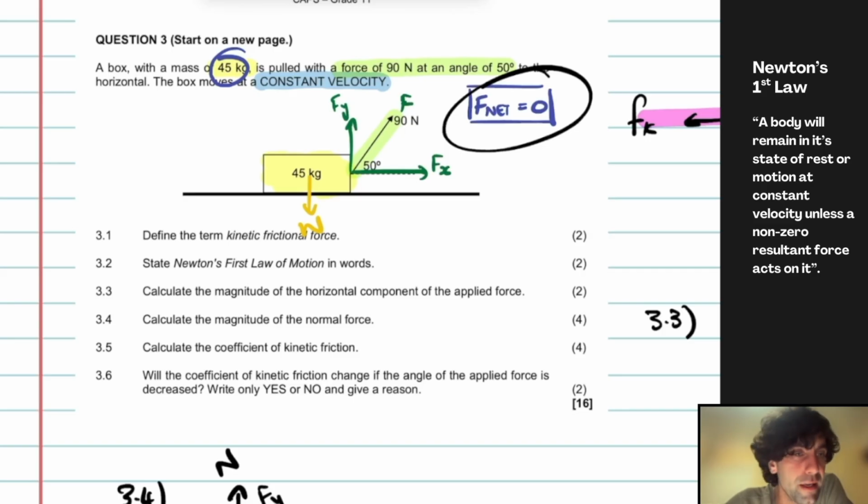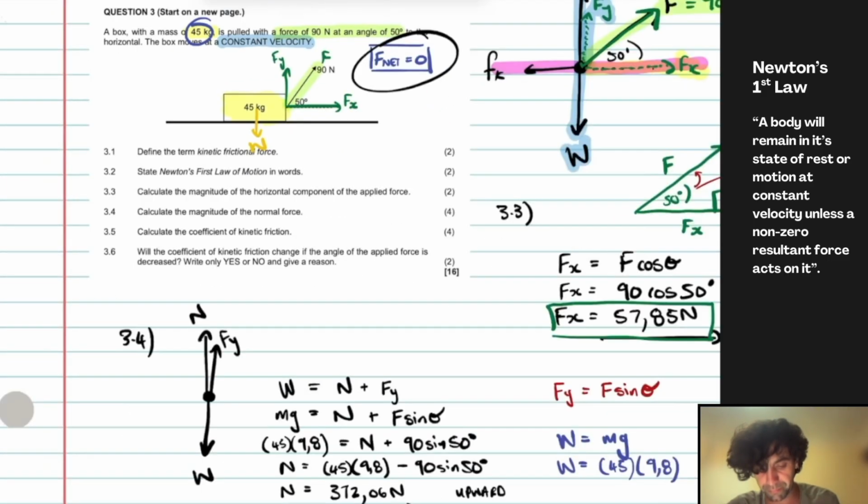It has nothing to do with the angle at which our object is on an inclined plane, or the angle at which the applied force is pulling it, or anything like that. It is a constant. The coefficient of kinetic friction and the coefficient of static friction, for that matter too, is always a constant depending on the types of materials. So the answer to this is going to be no, and that is your reason.